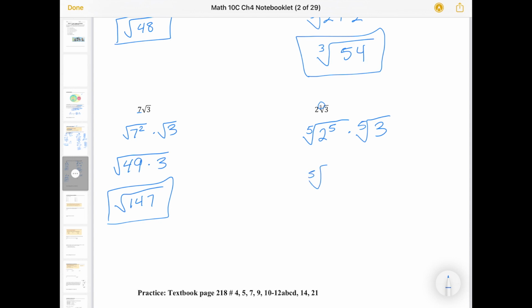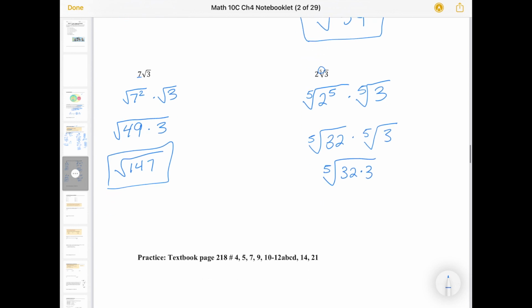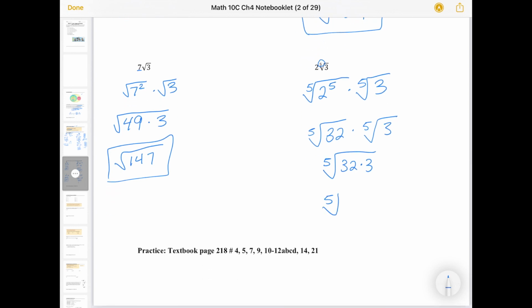Well, what's 2 to the 5? 2 to the exponent of 5 is 32 times the 5th root of 3. Means you got the 5th root of 32 times 3, bringing them back in together. And the 5th root, 32 times 3, is 96. And that will be our answer for this section.